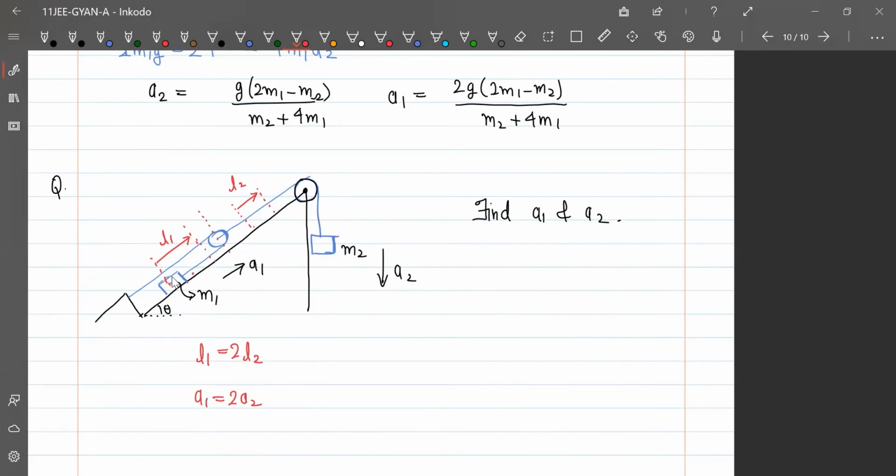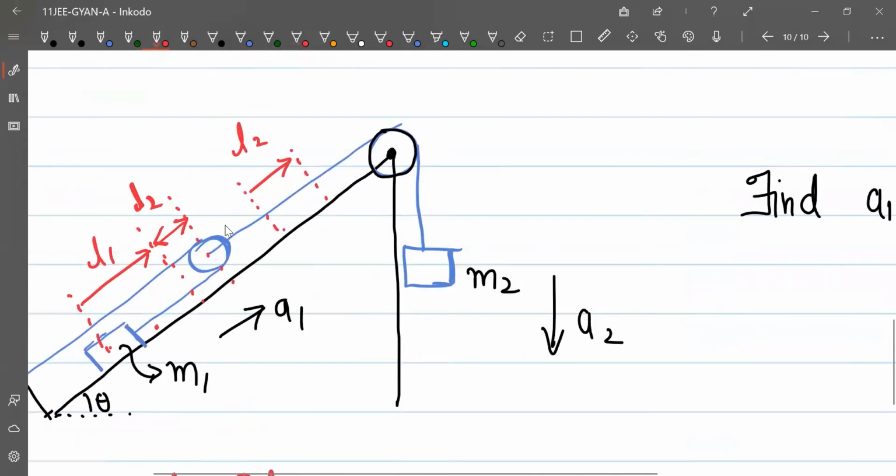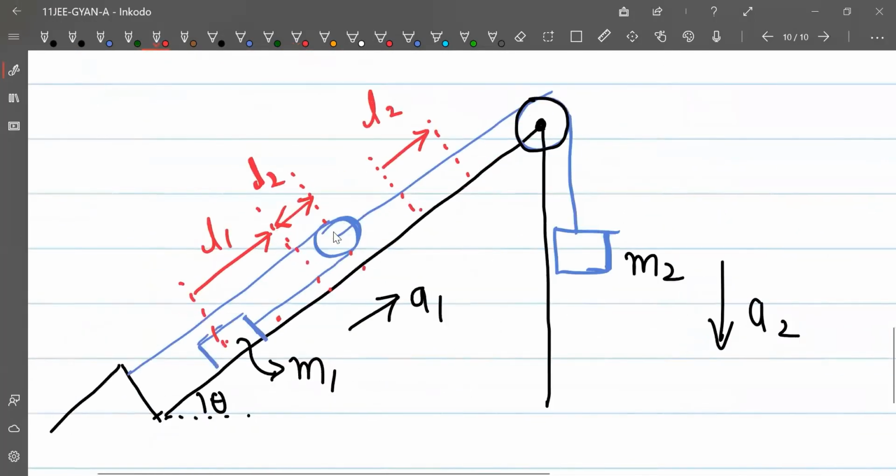That means on this side we have added a length of L2. इस साइड L2 लेंथ बढ़ गया और इस साइड L2 लेंथ कम हो गया. Can I say that? जब ये ब्लॉक आगे मूव करेगा, so पुली जब L2 आगे मूव करेगा, तो इस साइड L2 कम हो रही है तो इस साइड L2 बढ़ जाएगा. So this block is basically moving by 2 L2 distance.